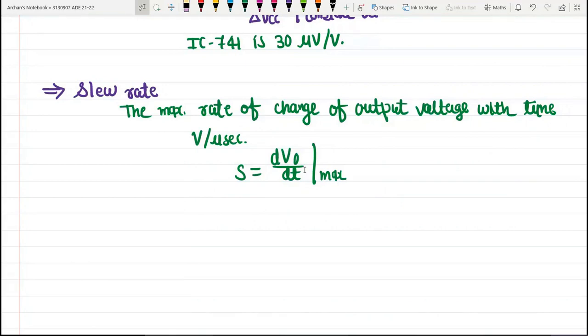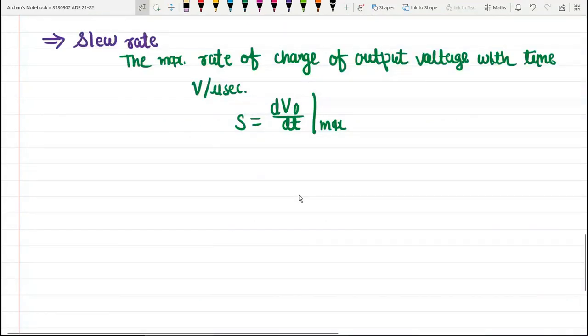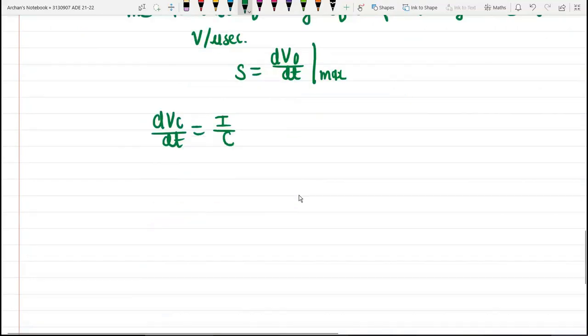The capacitor voltage rate is given by dVc by dt equal to I by C. So for a large changing rate, the capacitor should be small or the charging current should be large. Hence the slew rate for an op-amp whose maximum internal capacitor charging current is known can be obtained as S equal to Imax by C.